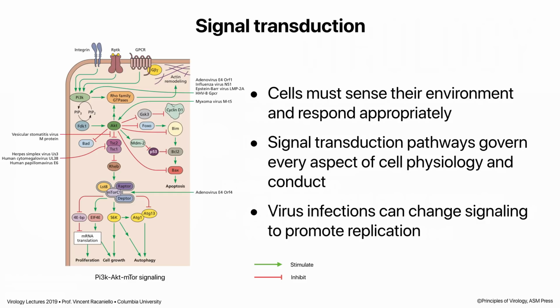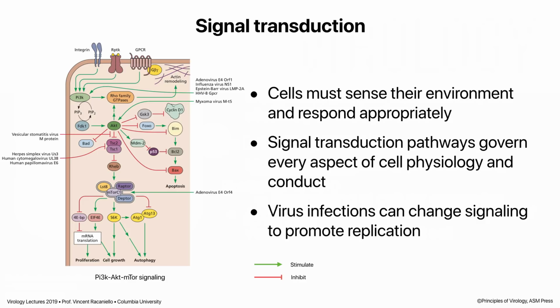Some virus proteins interfere, or in this case, augment later on in the pathway through mTORC, for example. And some virus proteins inhibit. So we have VSV protein inhibiting AKT, inhibiting these proteins. We have a variety of other proteins inhibiting this complex as well.